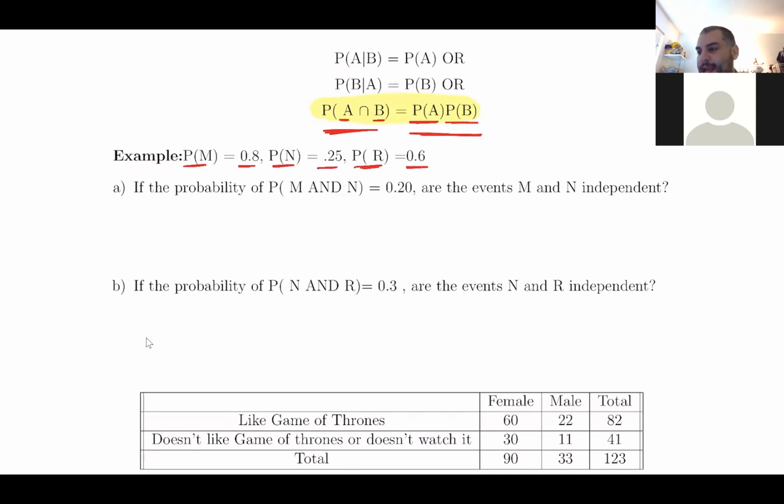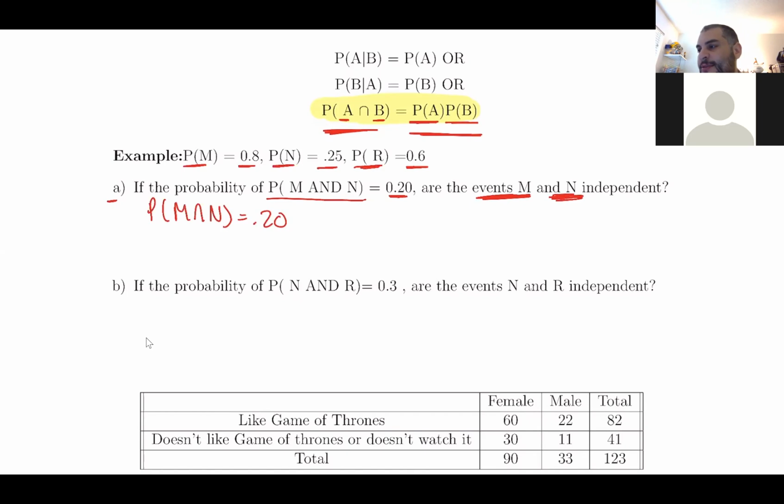For part A, if the probability of M and N is equal to 0.20, we want to see if event M is independent from event N.